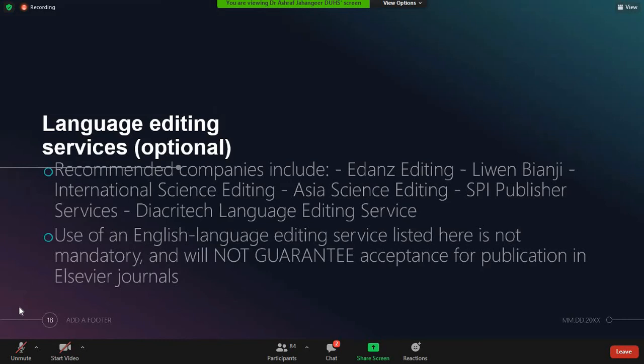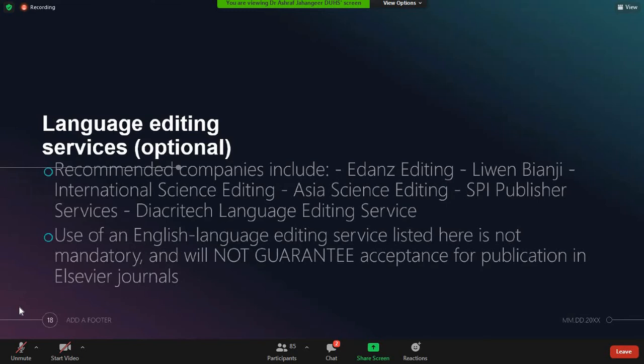And sometimes low quality journals suggest you to go for certain type of language editing services, and those editing services have a commission to pay back to the journal, that kind of thing. So obviously you can understand the quality of such journals and the language editing services.